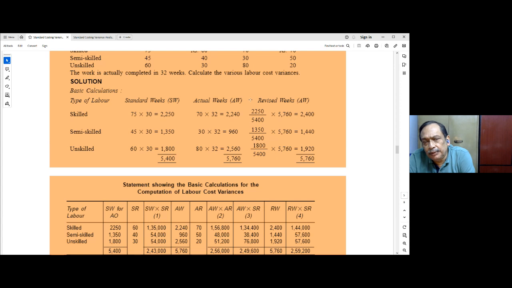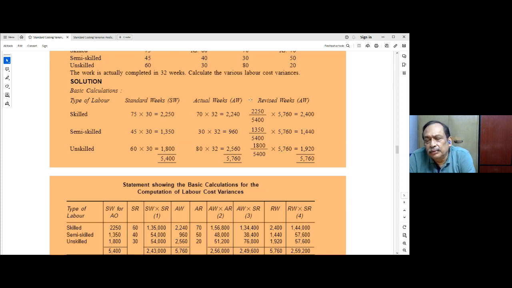Since there is a difference between standard weeks SW and actual weeks AW, we should go for calculating revised weeks, that is RW, and it is calculated as 2250 divided by 5400 multiplied by 5760.